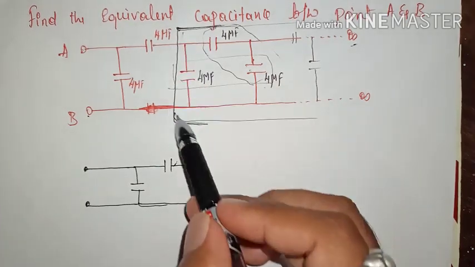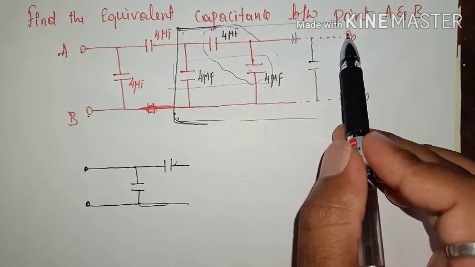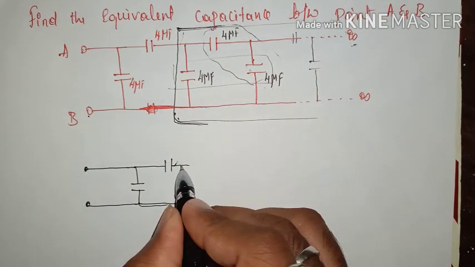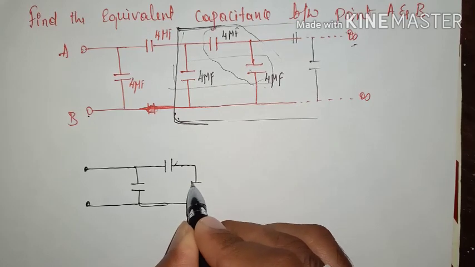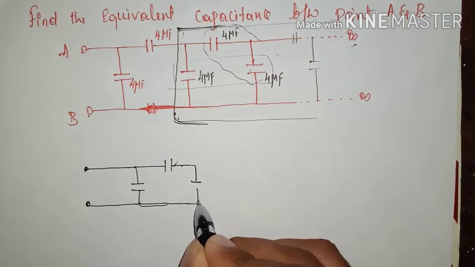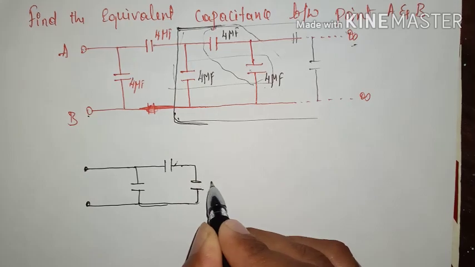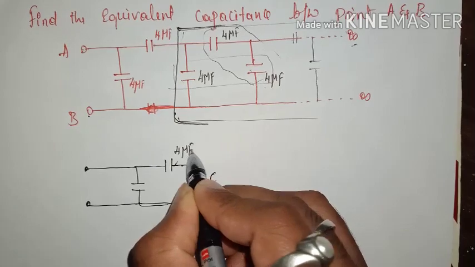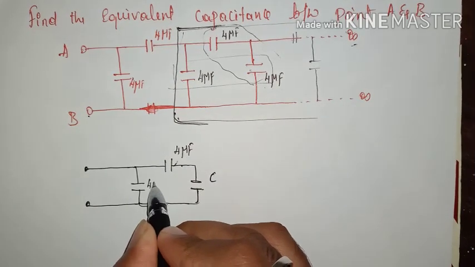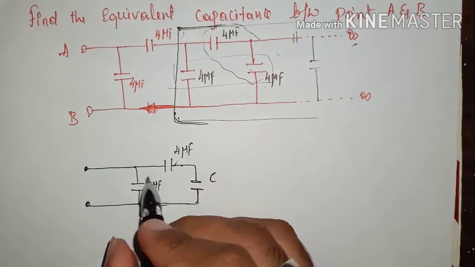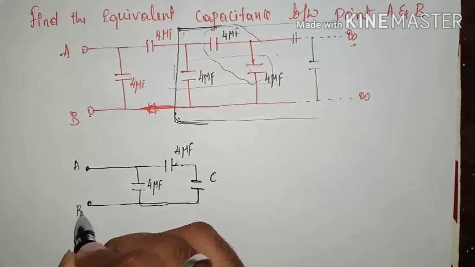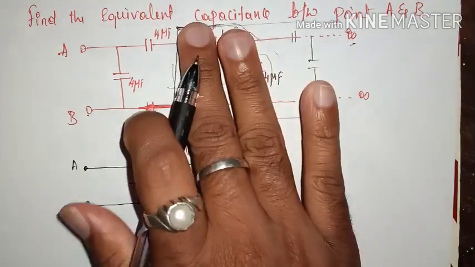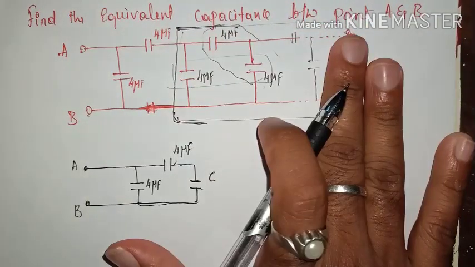Now this total equivalent capacitance, think it is C. The equivalent capacitance will come in parallel, so let me take it as C. What about this one? How much? 4 microfarad, and this one is also 4 microfarad. Clear? And here are the A and B terminals. I have taken this as C, the equivalent capacitance of everything till here.